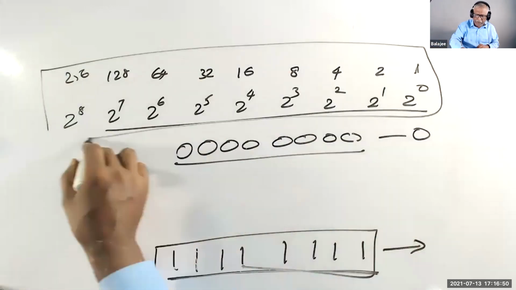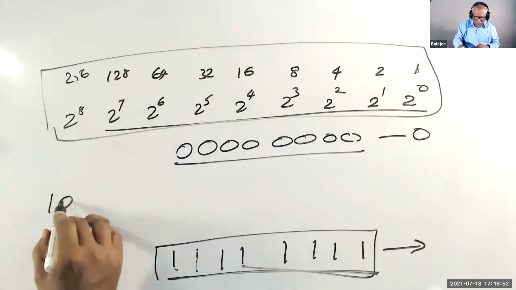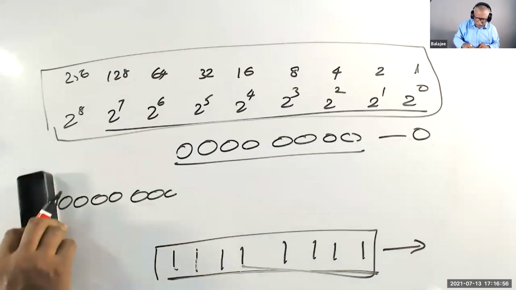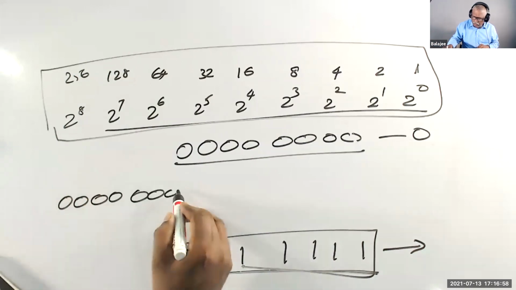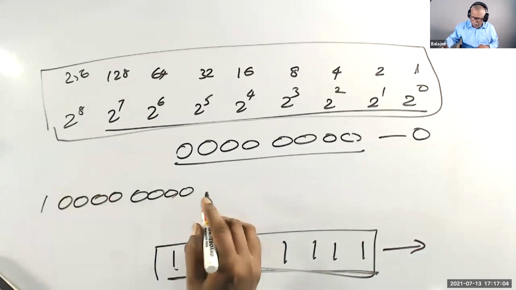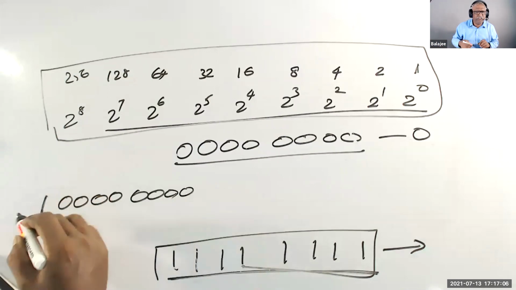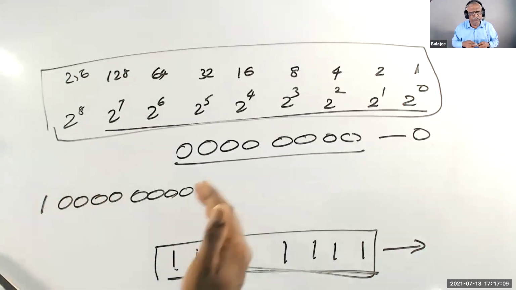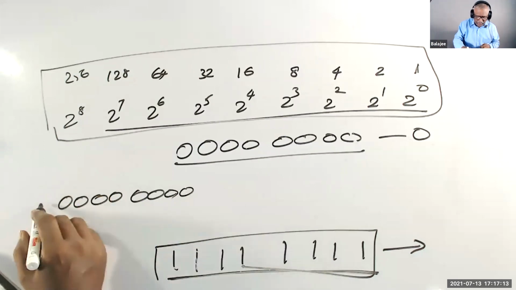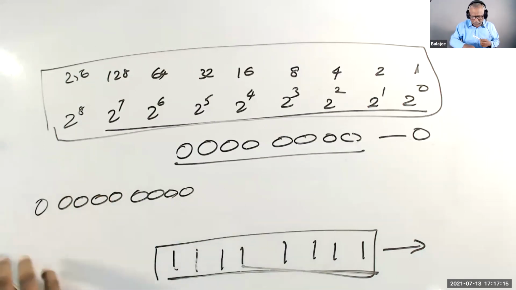What is a 9-bit number? Let's not take the smallest number, because the smallest 9-bit number is this. There is a big problem here.